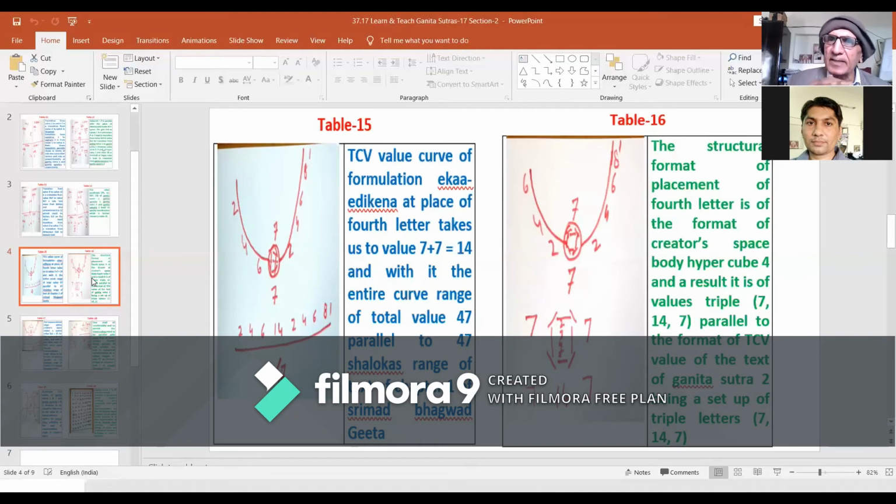Simultaneously, when we go through this transition happening at the placement of the fourth letter of the creator's space as a hypercube of 4, then naturally this seat will take us to a value triple 7, 14 and 7.